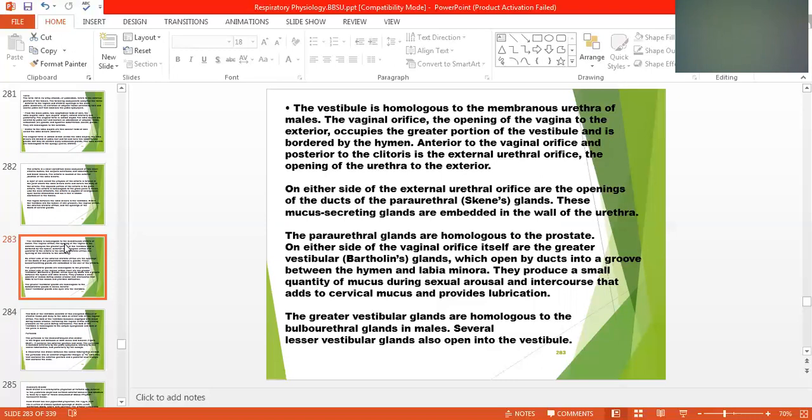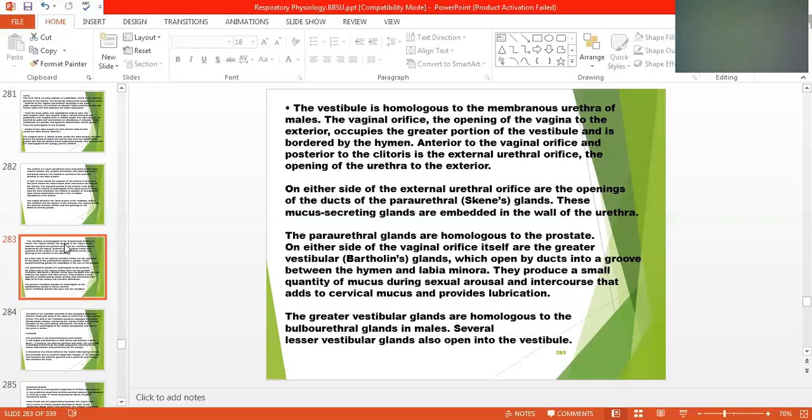These mucus-secreting glands are embedded in the wall of the urethra. The paraurethral glands are homologous to the prostate. On either side of the vaginal orifice itself are the greater vestibular Bartholin glands, which open by ducts into a groove between the hymen and labia minora. They produce a small quantity of mucus during sexual arousal and intercourse that adds to the cervical mucus and provides lubrication.